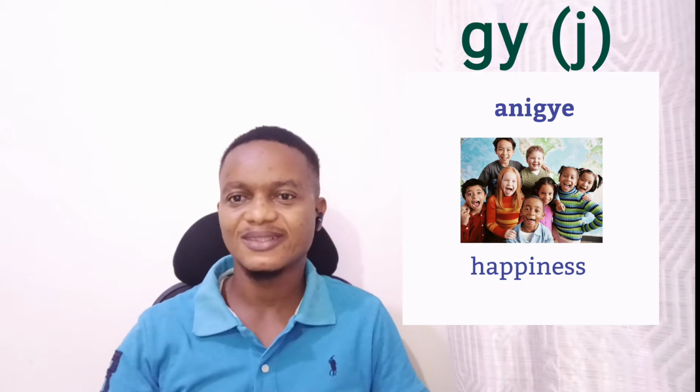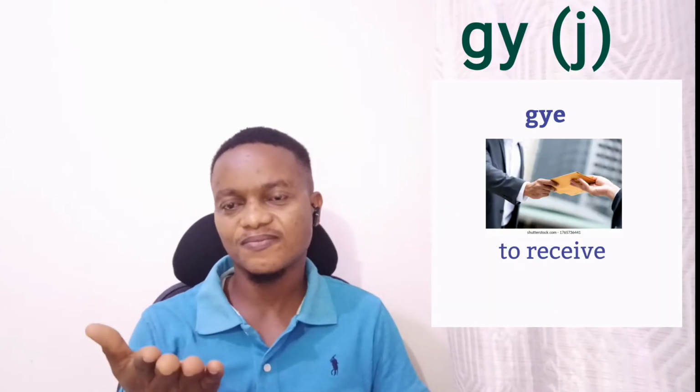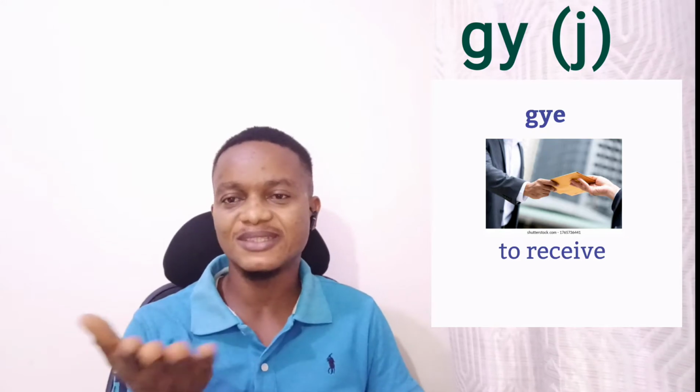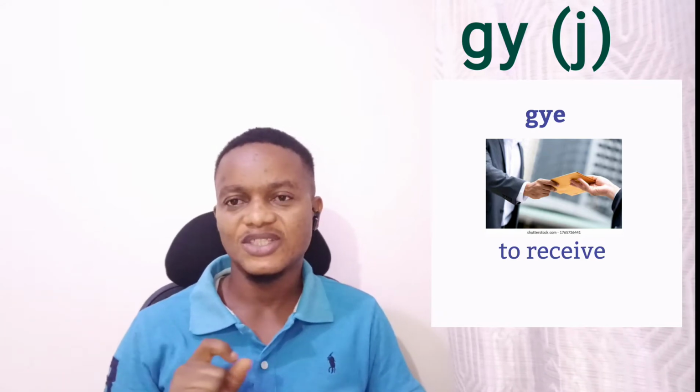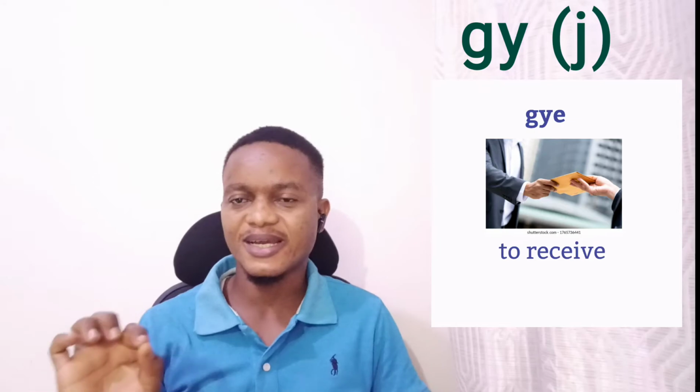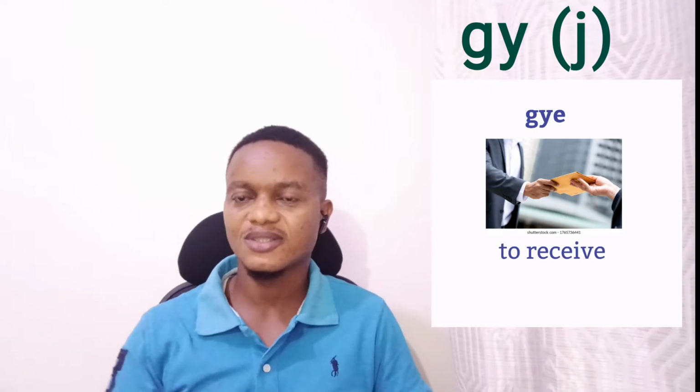Good. Then we have J. So J means to take. So if I have something and I'm giving it to you, I will say J. So we hear the digraph. Then we have Jai. And Jai means to stop. Then we have the next digraph.